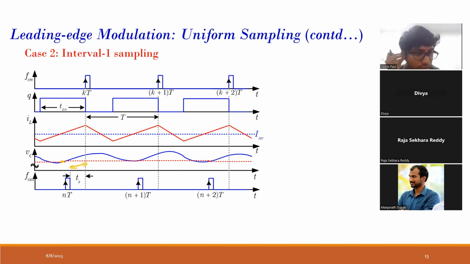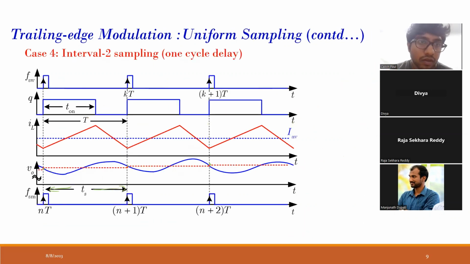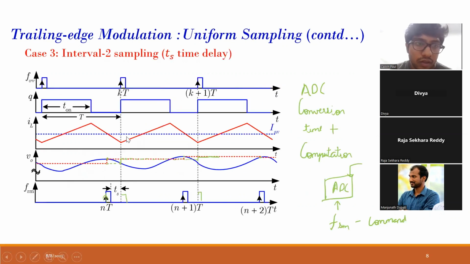Why do we do that? In trailing edge modulation, when the main switch is on, based on the reference value, there will be a comparison. That reference value might change.